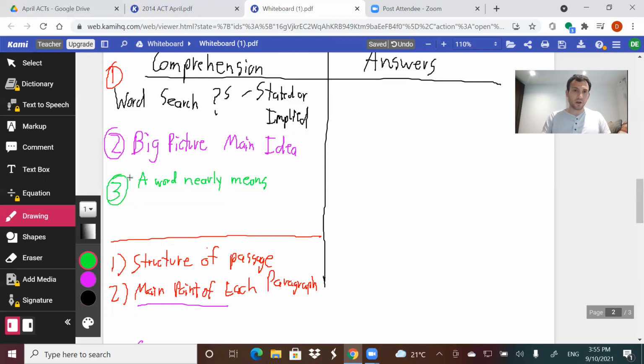And then the other type that you get is a phrase or a sentence most nearly means. And I actually wrote one of these down. The author's characterization of the Bloomsbury painters as artists who, quote, open themselves up to the current swirling around, end quote, lines 17 to 18, most nearly conveys that they were.